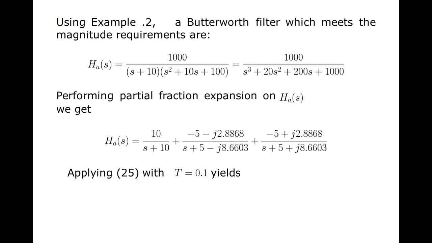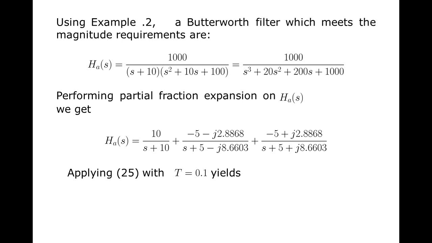Now from example 2 we had found the transfer function of the analog filter. That is how to find it for a Butterworth low pass filter: the order N is log of λ by ε upon log of Ωs upon Ωp.